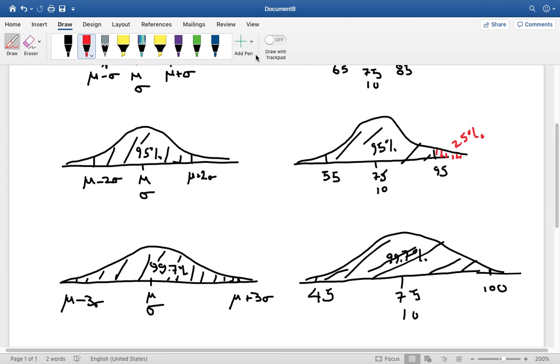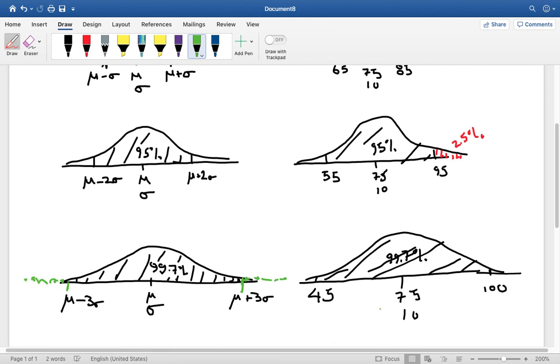The last thing I'll point out for you here is that since you get approximately 100% of the observations between plus and minus 3 standard deviations, any observations that fall beyond this point or lower than this point are deemed to be unusual, and we're going to call those outliers.